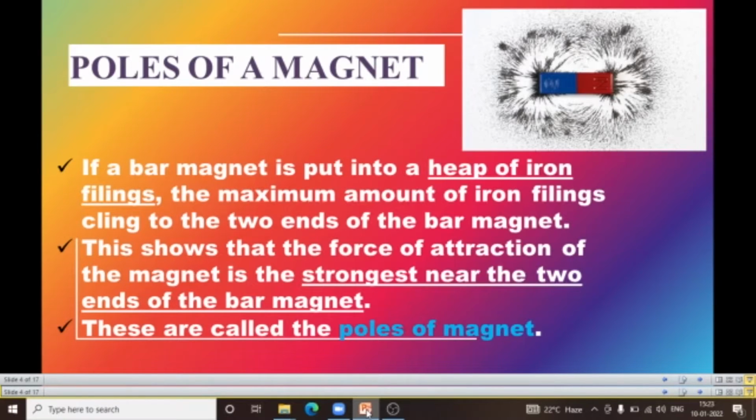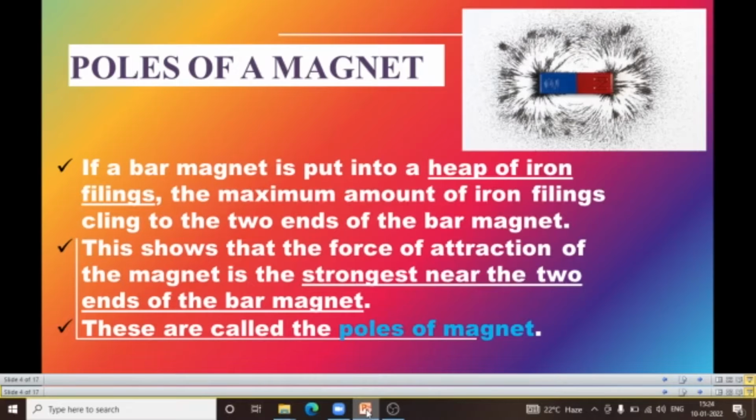If we have a heap of iron filings, the maximum amount of iron filings will be linked to the two ends of the bar magnet. The force of attraction is strongest near the two ends of the bar magnet.